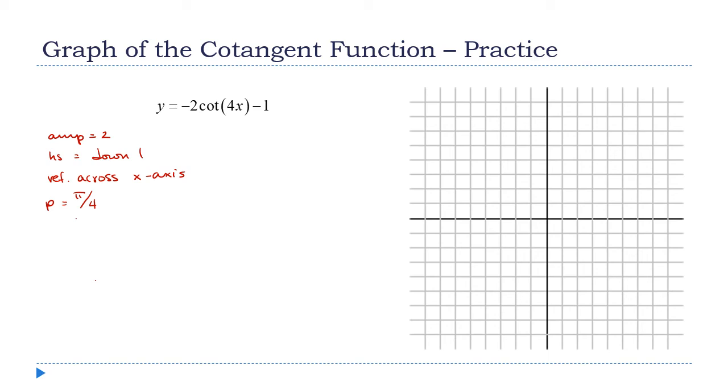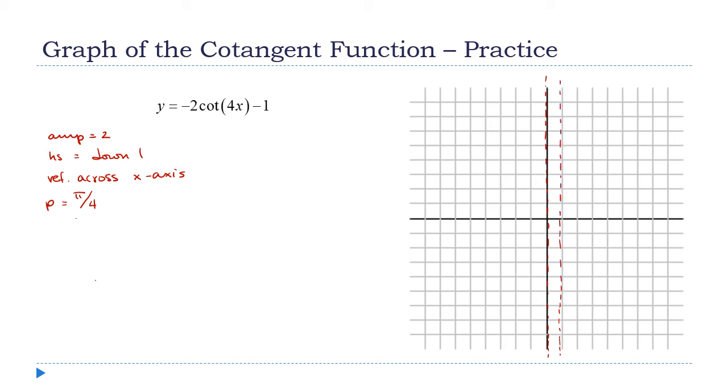Okay, so let's see. My first asymptote will be at 0. There's no phase shift, so that hasn't moved. Then my next asymptote will be one period over. That's going to be pi over 4. What's pi over 4? 3 divided by 4 is 0.75, so it's a little more than that. It's here, kind of close to 1.